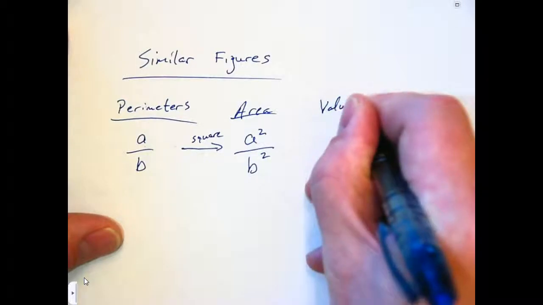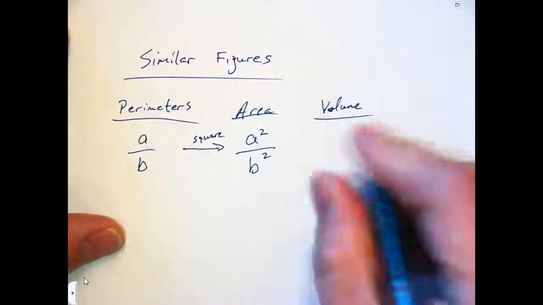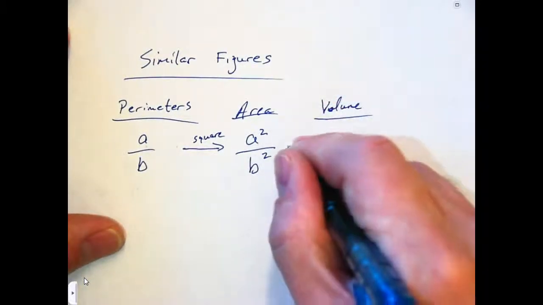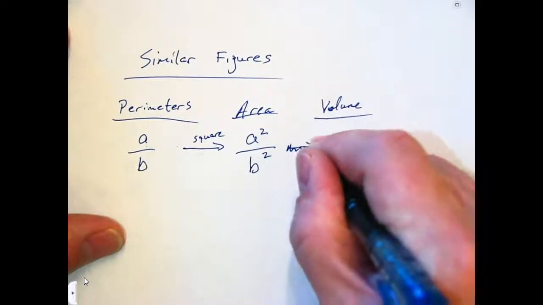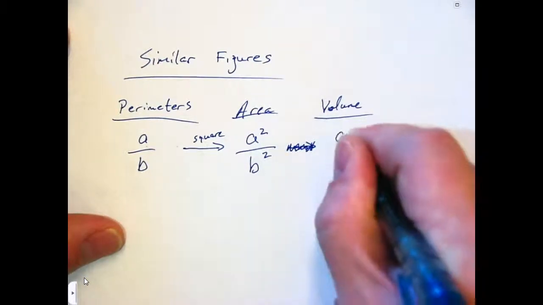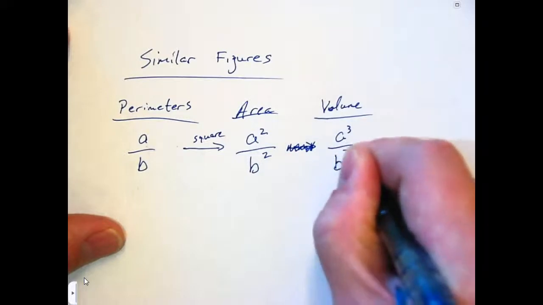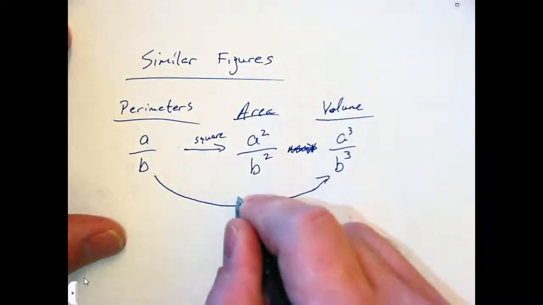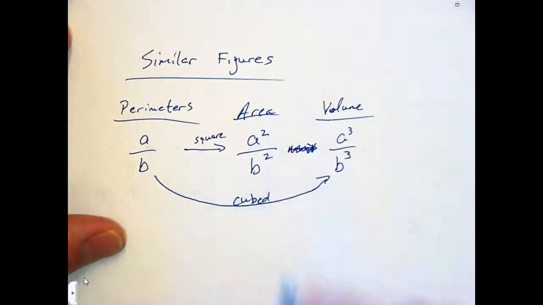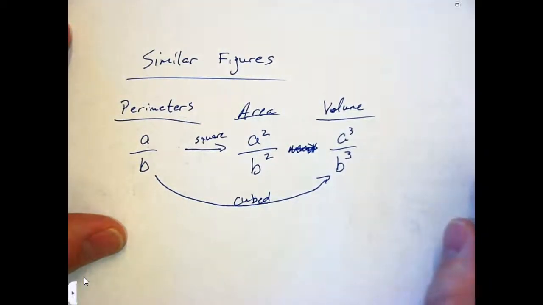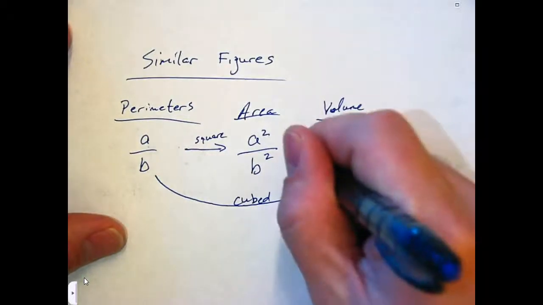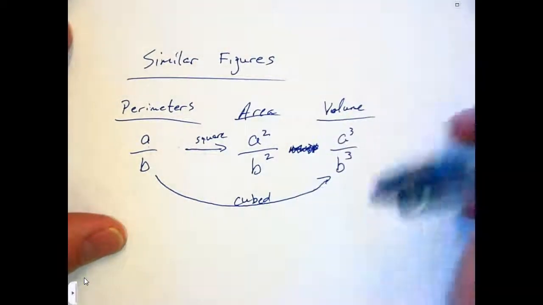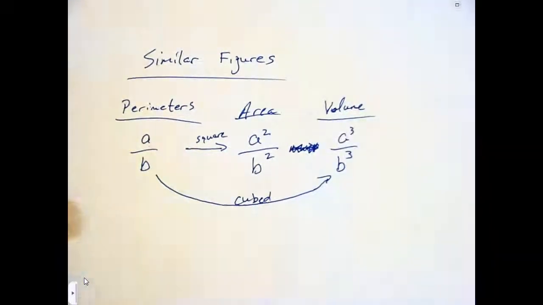If you're dealing with volume, it would be A cubed to B cubed. You would have to go from here and cube it. That makes sense? And that's to help you find your correct measurement.